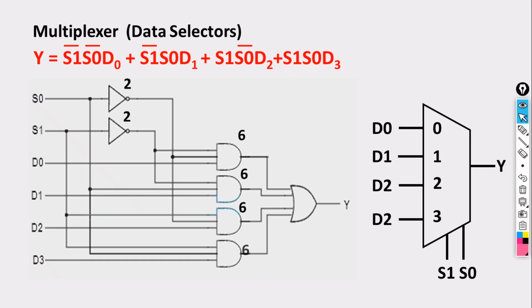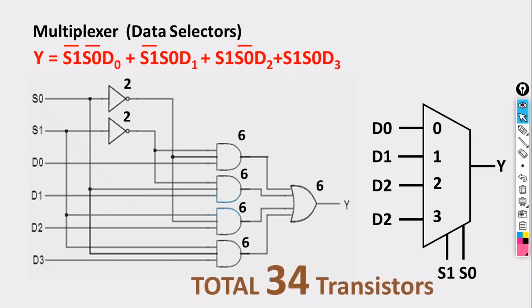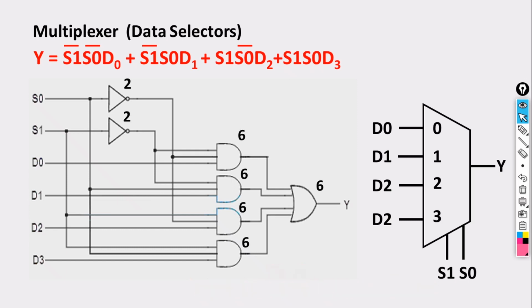For all these gates, since AND gates are going to be 6, and the OR gate is going to be 6, sorry, this is not going to be 6 since the number of inputs is 4. So it is going to be 8 plus 2, 10. So this is going to be 10. 30 plus 10, it is going to be 40.